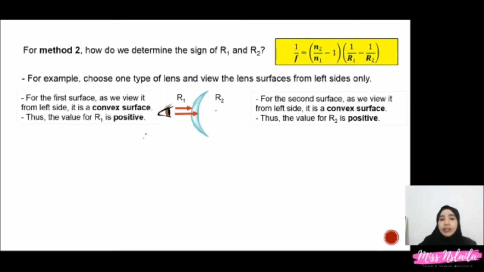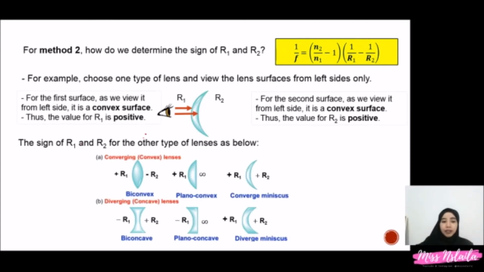Let's look at the other examples. For this one, your eyes will be here. When you look at the first surface of the biconvex, it's convex to your eyes, so it's positive. And for the second surface, when you look from this side, it will be concave to your eyes, so it's negative. For the plano-convex, you look from this side.